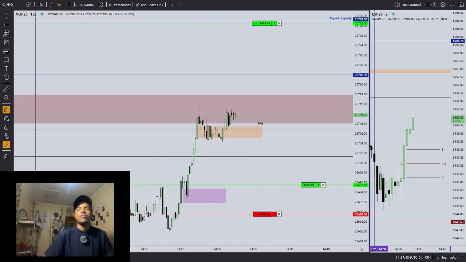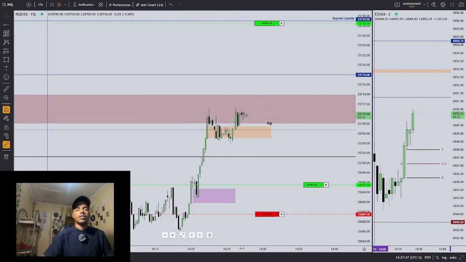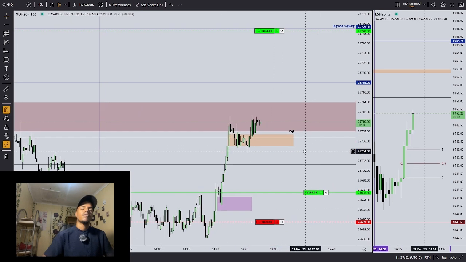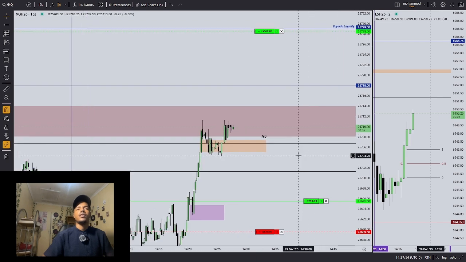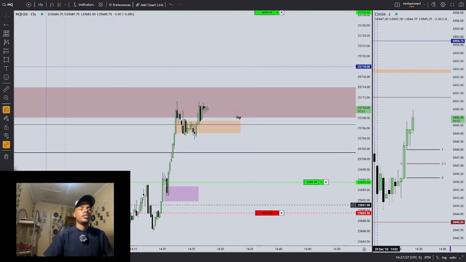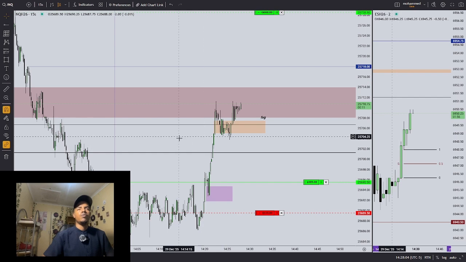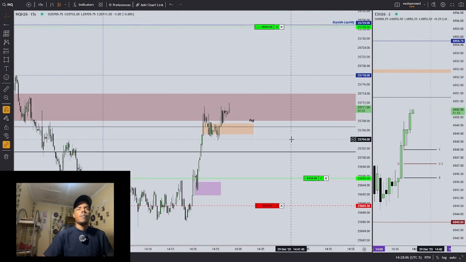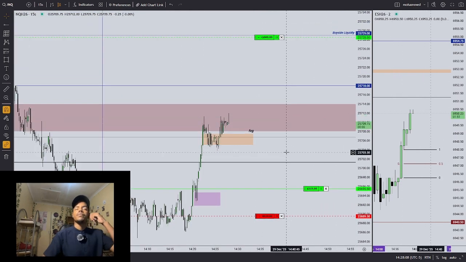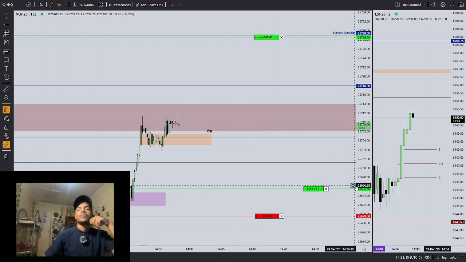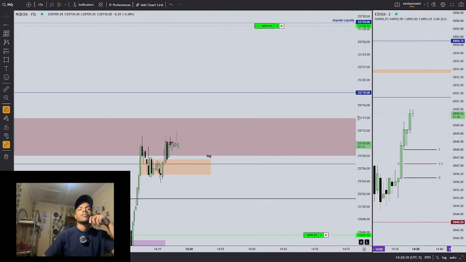There you go. That's a great push up. We're respecting all the down close candles on the NQ, which is a good sign. We should see price moving aggressively to the upside. Let's just give it a few more seconds. There you go.